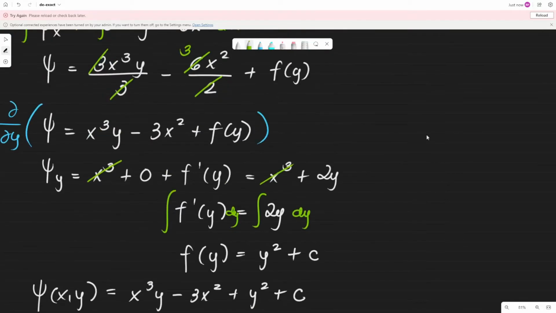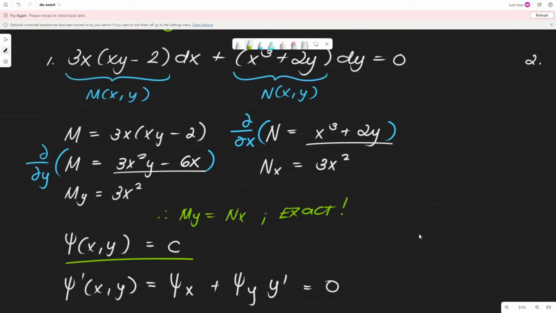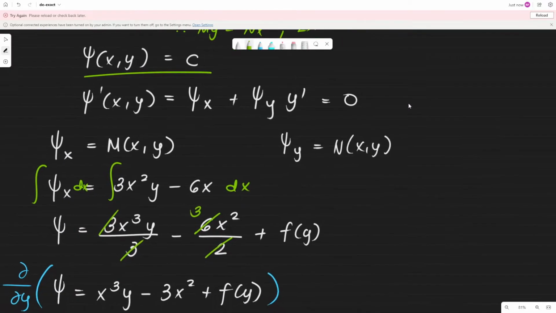So, again, reviewin lang natin what did we do to solve the differential equation. First, we identify what is m and n, basically. Then, let's get the partial derivative of m in respect to y and the partial derivative of n in respect to x. Then, check if they are equal. Kapag equal sila, exact yung ating equation. So, we can proceed. So, pwede ko na skip to, skip muna natin tong nasa taas. So, we have psi x is equal to m. So, equate lang natin psi x is equal to m, then we get the antiderivative in respect to x.